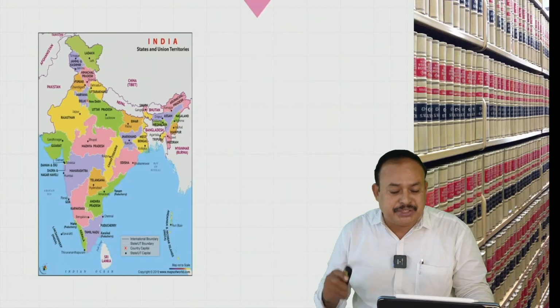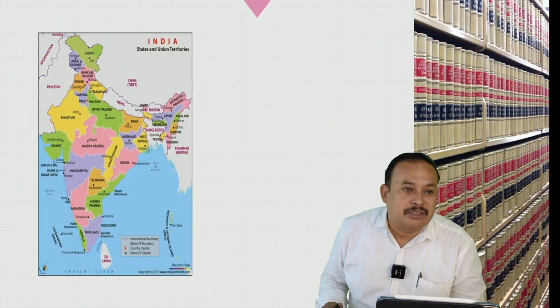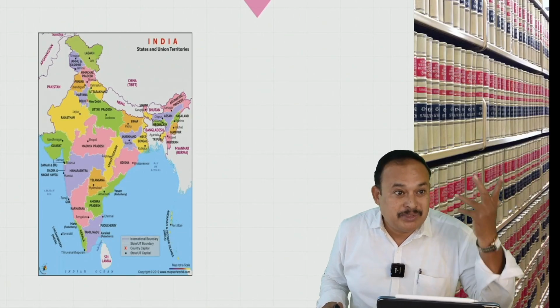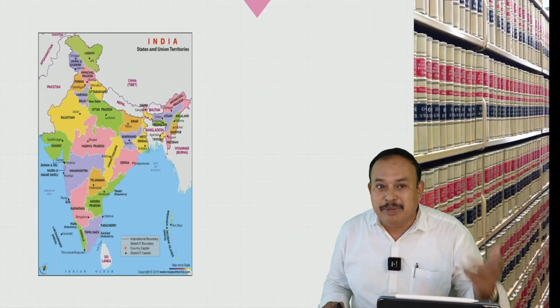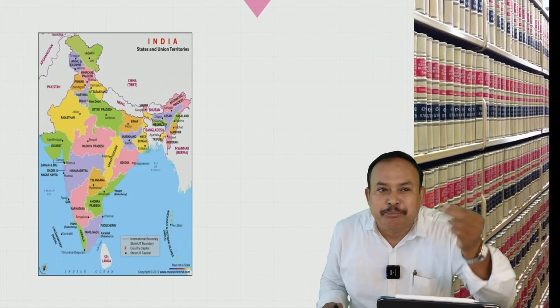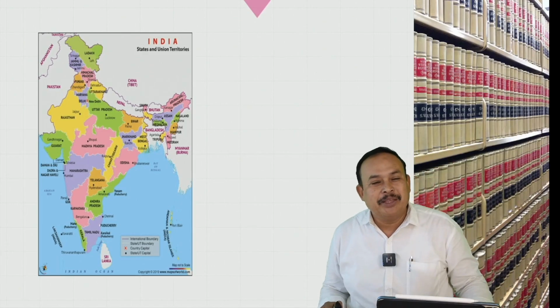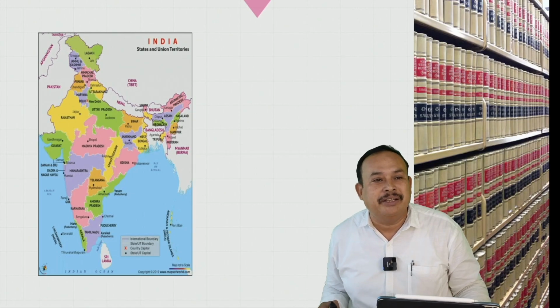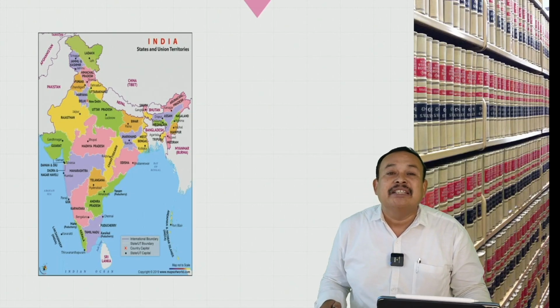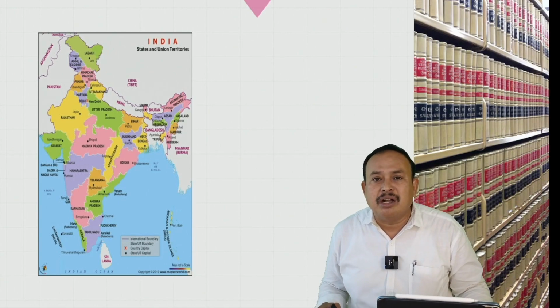For a few states, think of PT Usha, the athlete, eminent person. So, PT is equal to PT UMAS, not Usha, PT UMAS. What do you mean by P? P stands for Pondicherry. T stands for Telangana. U stands for Uttarakhand.